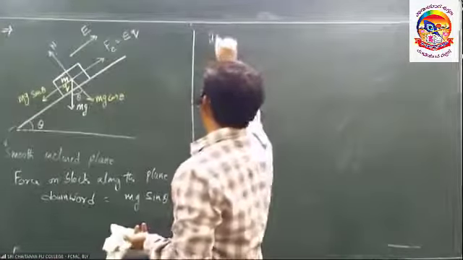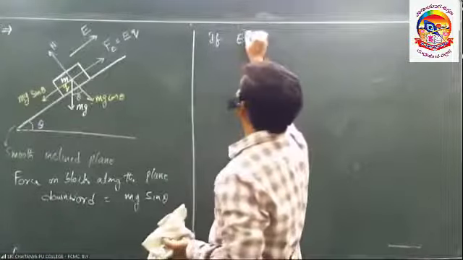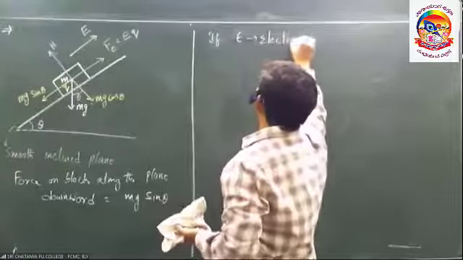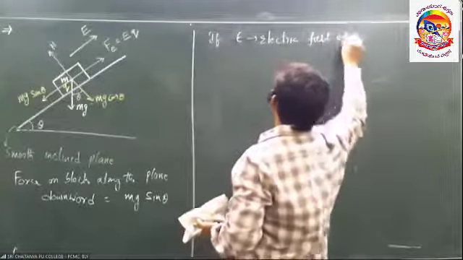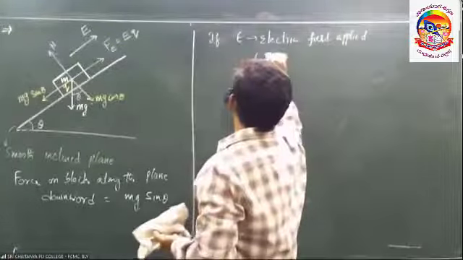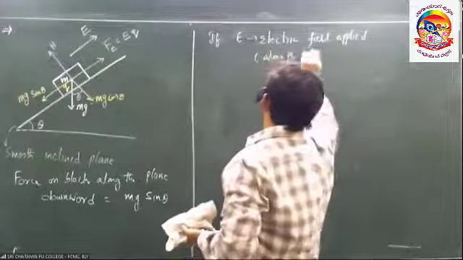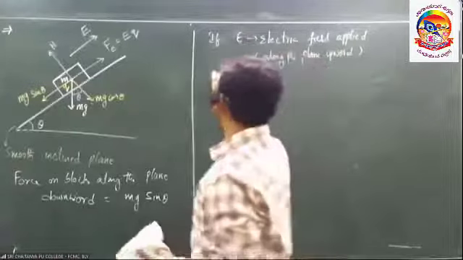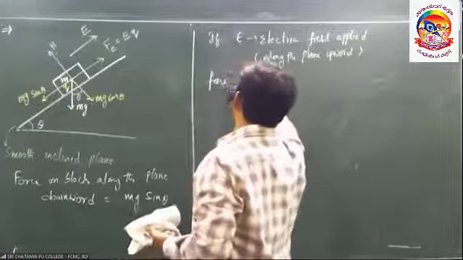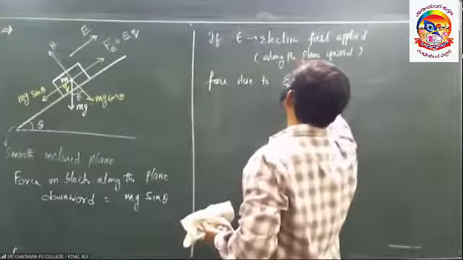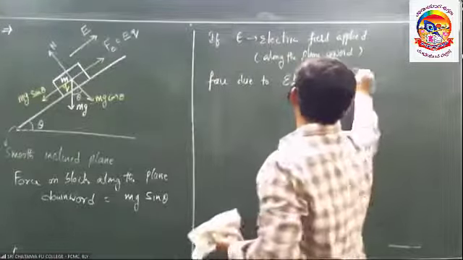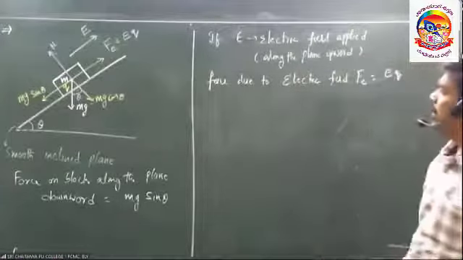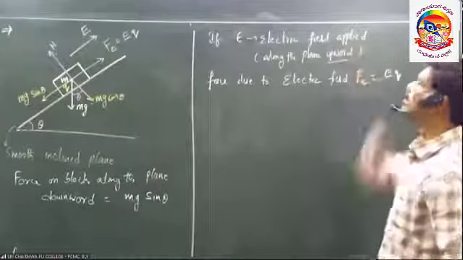If E is the electric field applied along the plane upward, then force due to electric field Fe is EQ. In what direction? Upward.